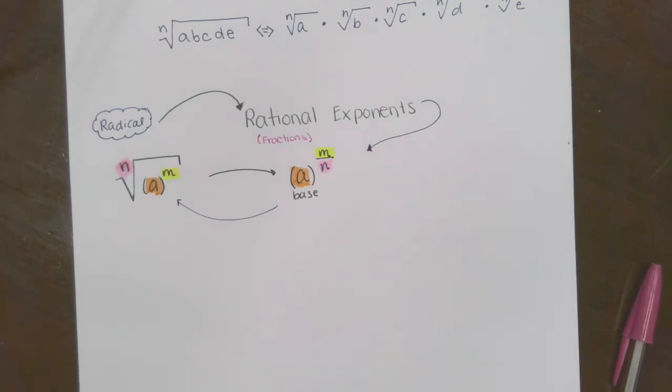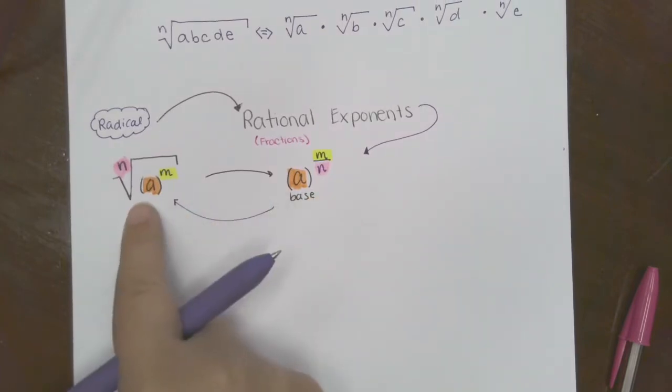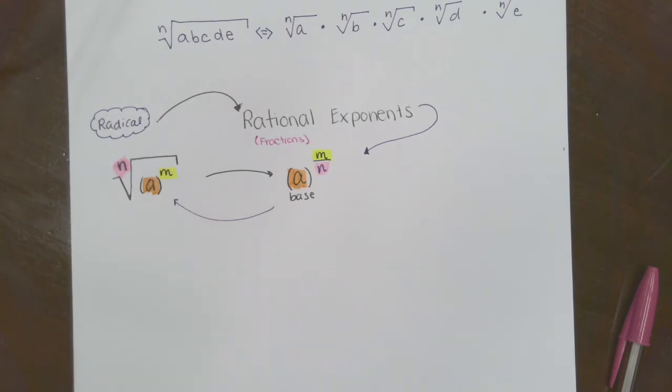We can go from the radical format to a rational exponent format, and from the exponent format to the radical. We can go back and forth as many times as we need to fit our needs. Sometimes for me it's easier to deal with fractions, but sometimes this is easier. So it all depends on what we need for each question.